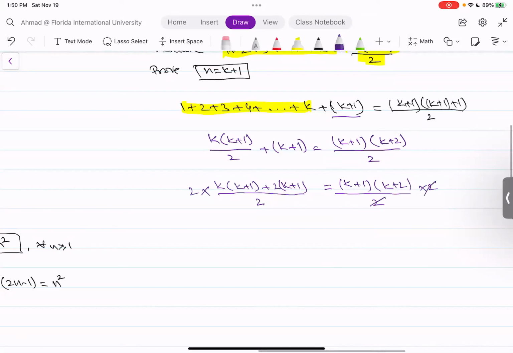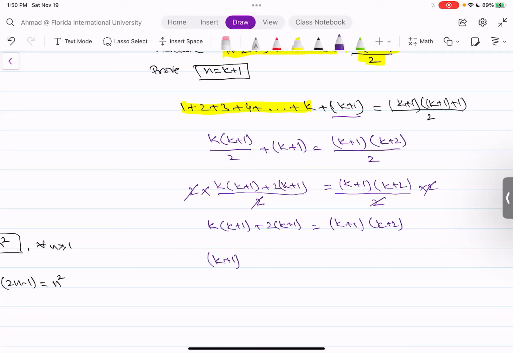And then these 2's are cancelled out. So the remaining terms are now k into k plus 1 plus 2 into k plus 1 is equal to k plus 1 times k plus 2, right? And from the left-hand side, I can take k plus 1 as a common factor.